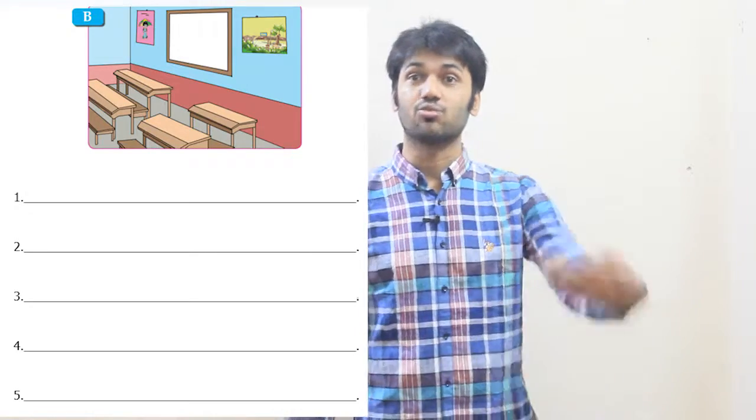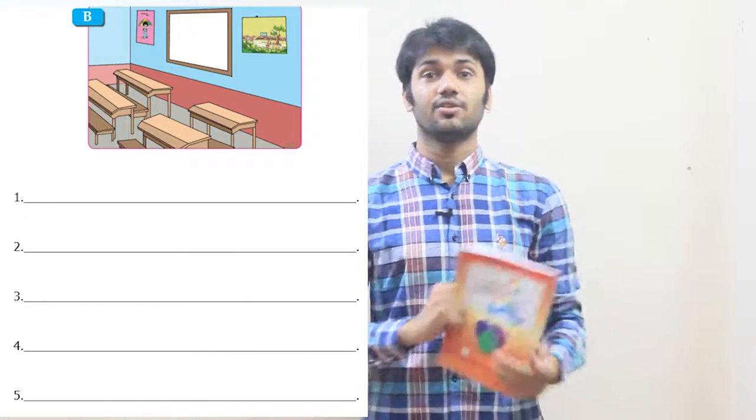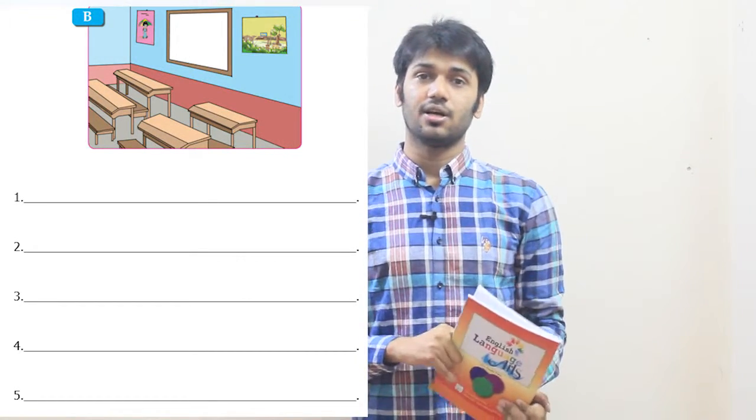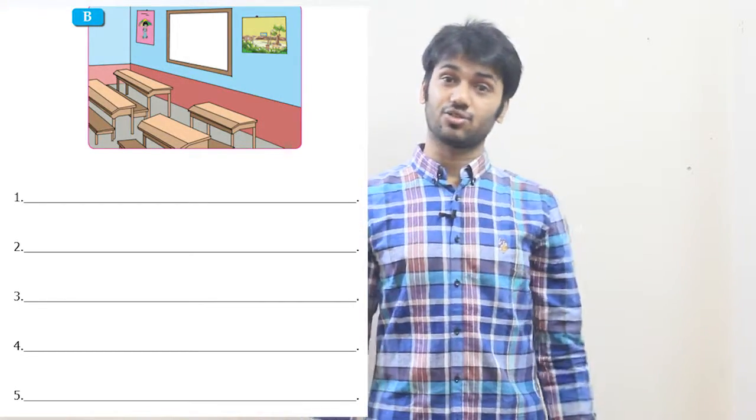Well, my classroom is very small. It has got some benches for us to sit. There's a whiteboard in front of the classroom and the teacher writes on it. There's a chair for the teacher to sit, and there are 30 students in our classroom, or 20 students in our classroom.